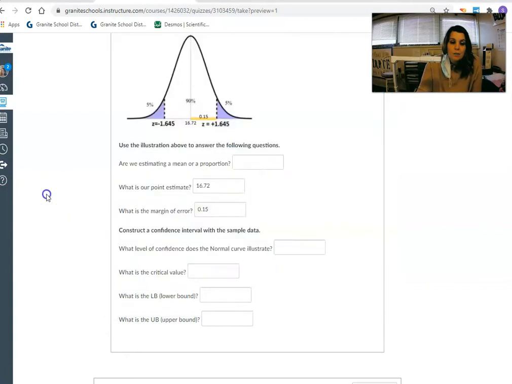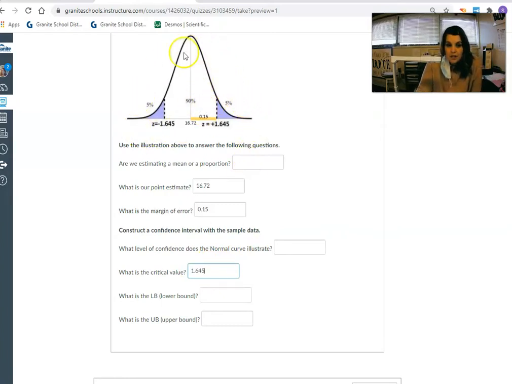So if we come back to this picture and it asks us what is the critical value, well, what this is trying to tell us is that if you're within 1.645 standard deviations of the mean, that's 90% of your data. So what is the critical value? 1.645.